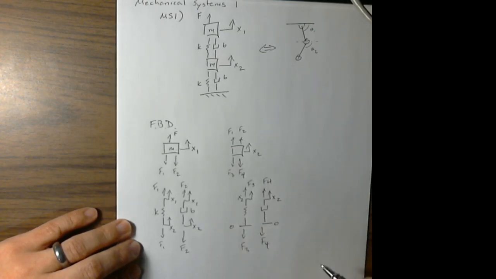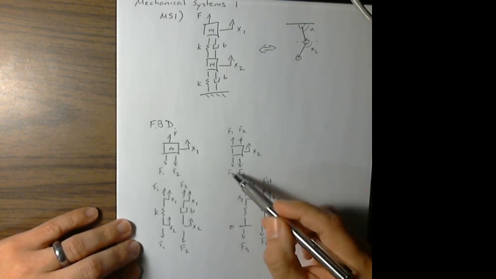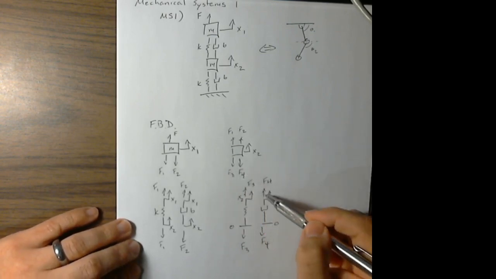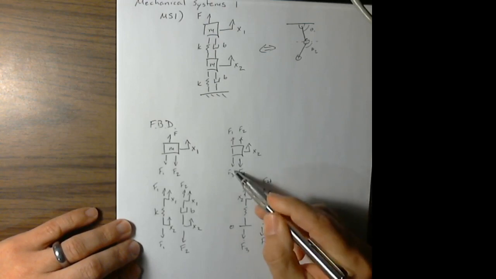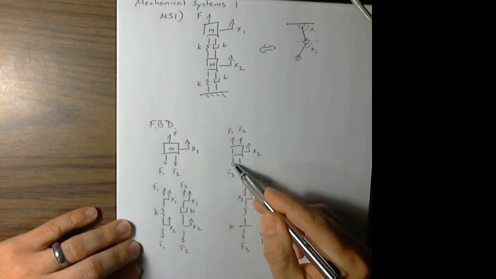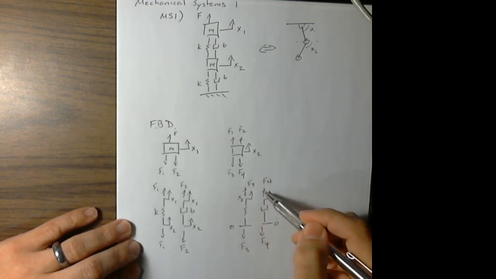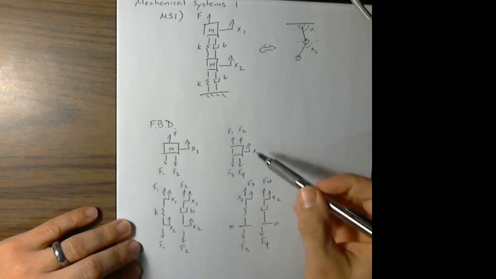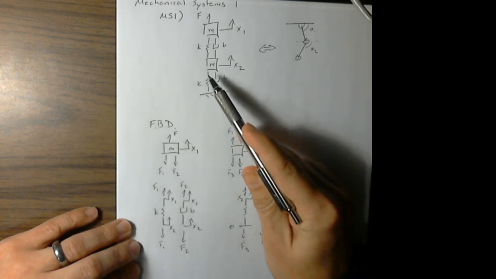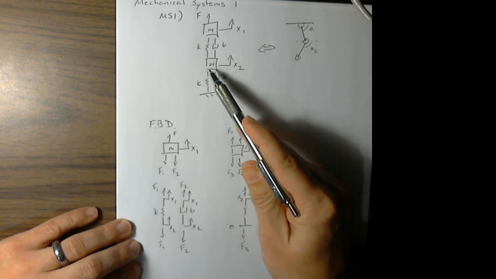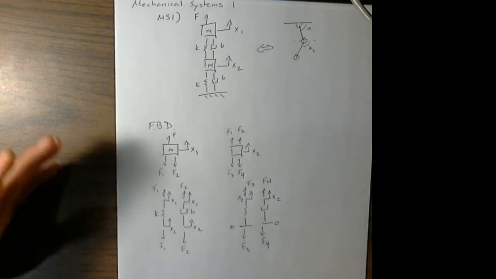So again, I just made up these F3s and F4s, and I made up their directions too. But now, you can see once I specify it in one place, it's got to be opposite here, at the point of contact. Because on that mass, the point of contact is here, the top of the spring, bottom of the mass. Okay, we've got all that done.